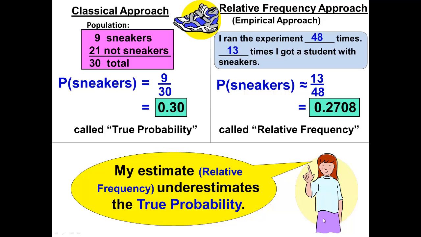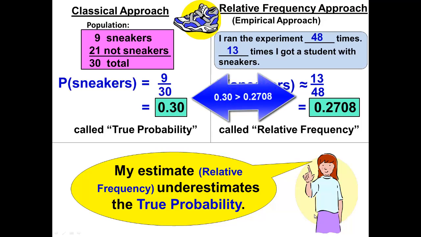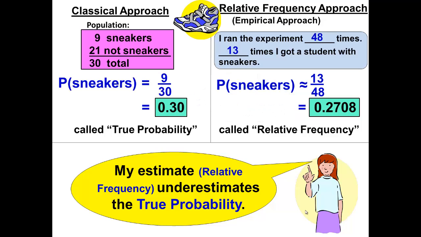My estimate, the relative frequency, underestimates the true probability. Will it always be an underestimate? Think about that. Remember, I said I could get more than 13 sneakers or less than 13 sneakers. We'll look at this more in part 2 of this video series.